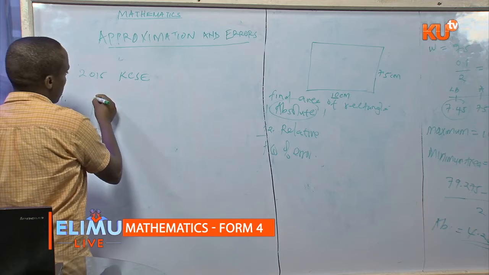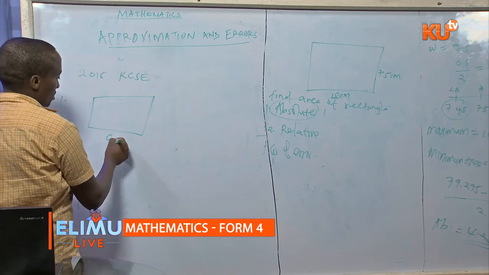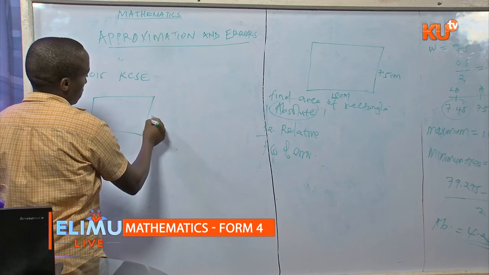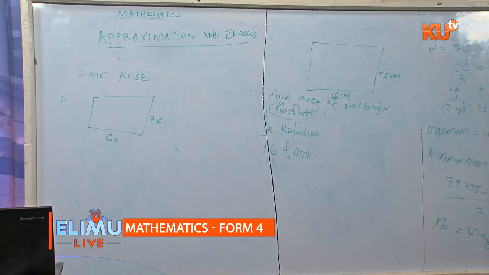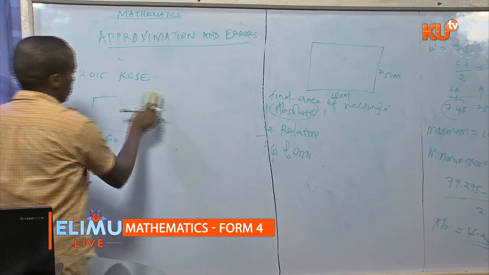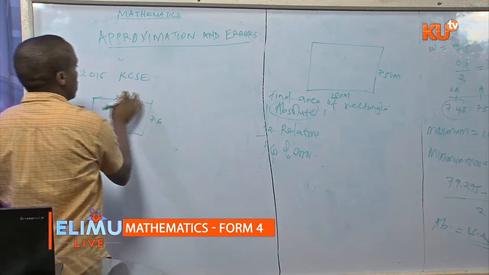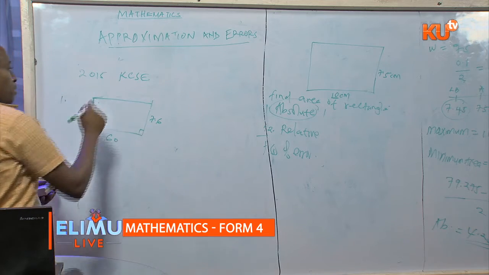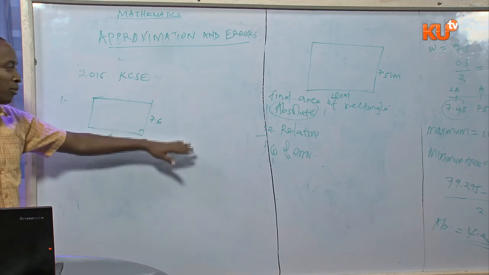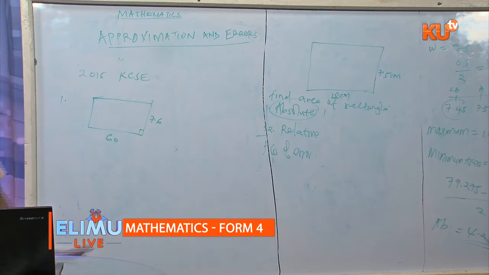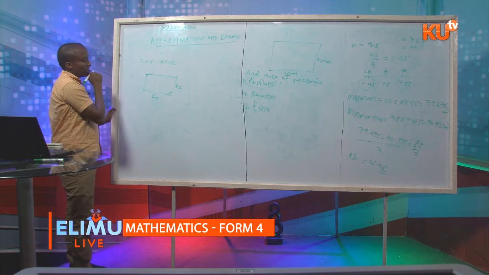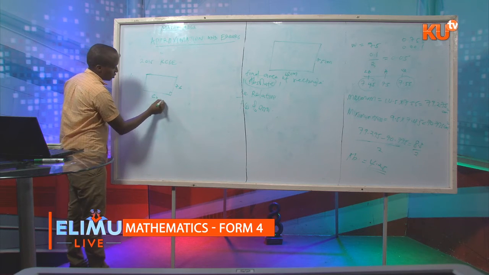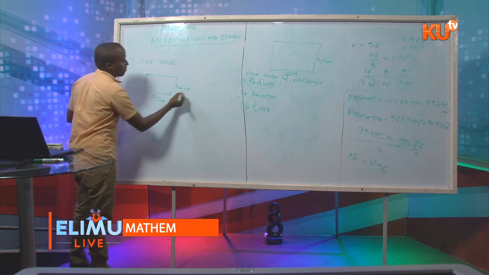Given the measurements, this is 60 centimeters, so the unit must be there, and this is 7.5.